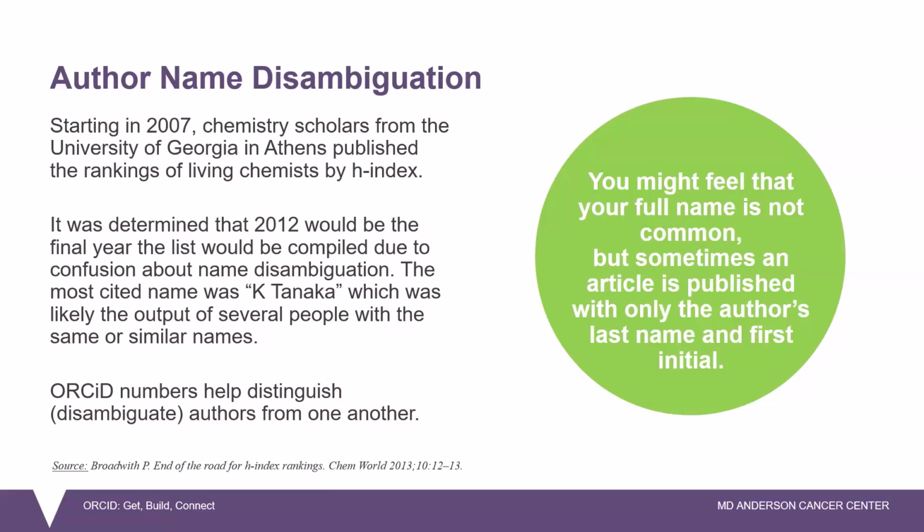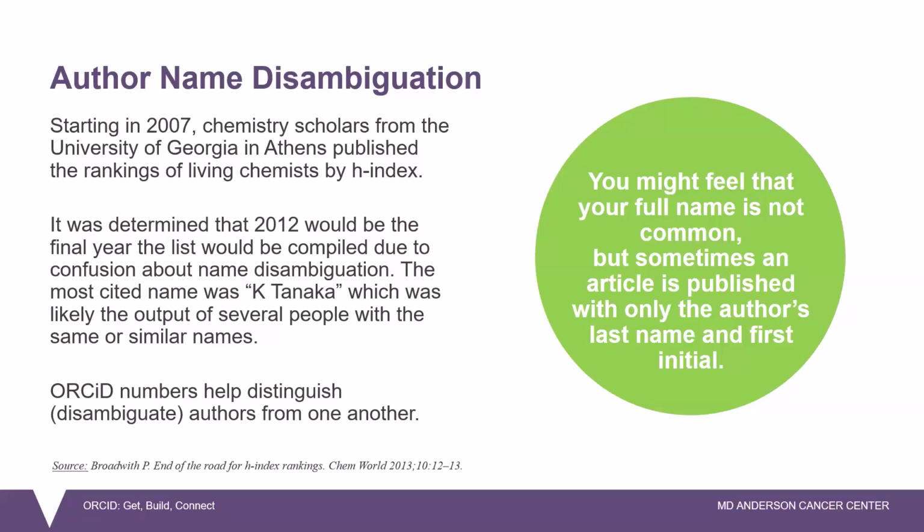Next slide. The need for this is called author name disambiguation, and this comes up even when people are within the same field. For a few years there was an annual list where scholars would compile the living chemists with the highest H index. H index is a metric we're going to talk about in the other class that Erwin mentioned; it's a way to measure the productivity and influence of an individual author.